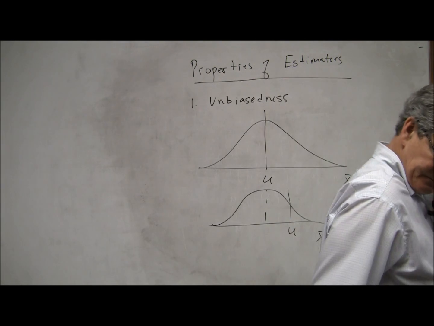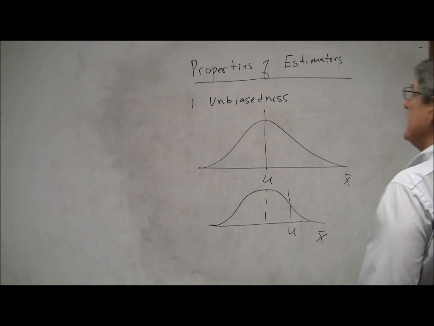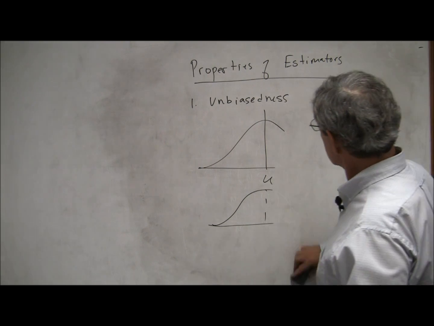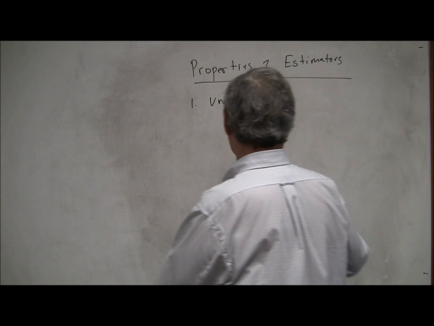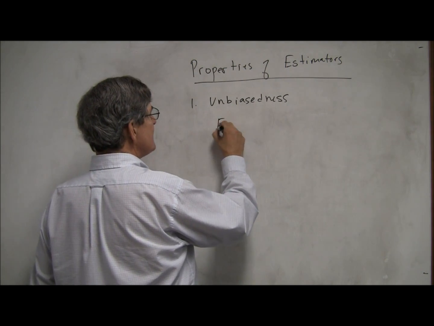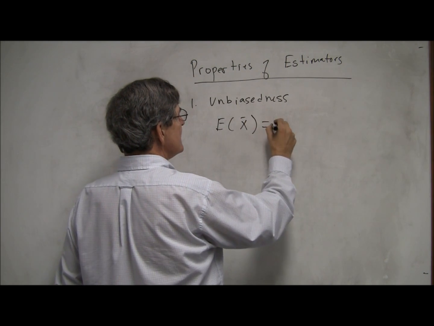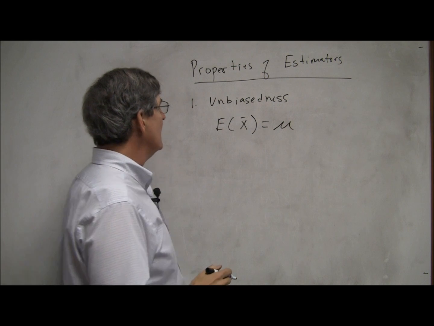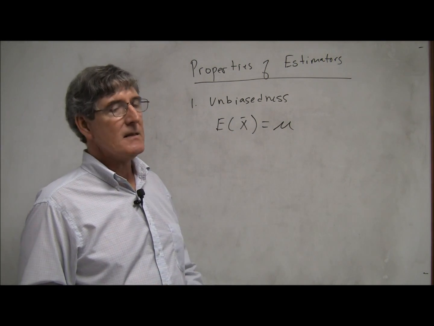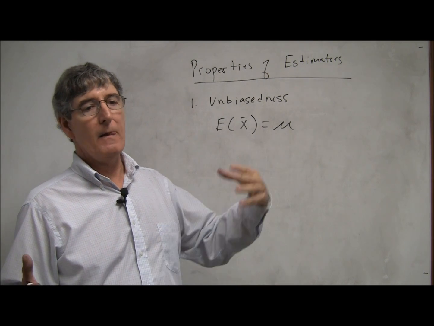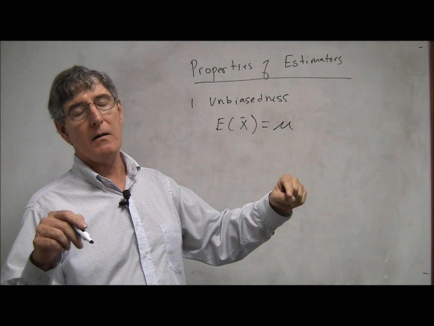See, the idea here, again, remember that the expected value means on average. When you see that E, don't let it throw you. It means on average. So we're saying the expected value of x bar is equal to mu. On average, this is equal to mu. What that means is if I take a sample of 100, measure x bar.